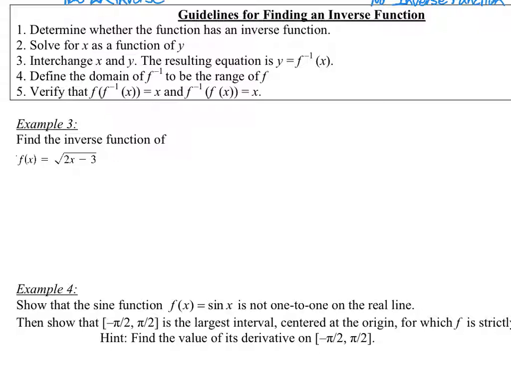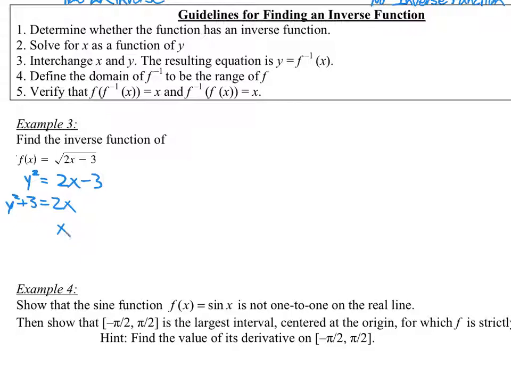So now, just following the directions here, we're going to solve for x as a function of y. So I'm going to first of all square both sides. I'll make that y squared equals 2x minus 3. I add 3, y squared plus 3 is 2x.